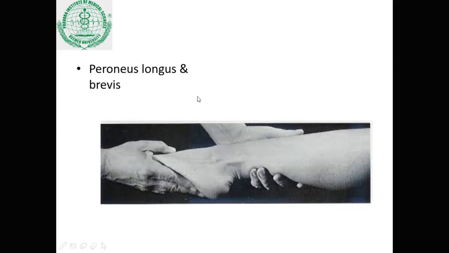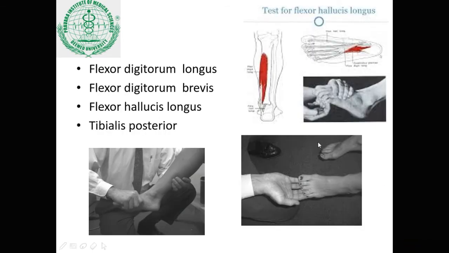For the testing of the peroneus longus and brevis, ask the patient to do eversion of the foot against resistance, and this will make the muscle prominent on the lateral side of the leg. Now for the testing of the flexor digitorum longus, these tendons act on the distal interphalangeal joint. When you ask the patient to do flexion of the distal interphalangeal joints of the second to fifth toes against resistance, this will test the flexor digitorum longus.